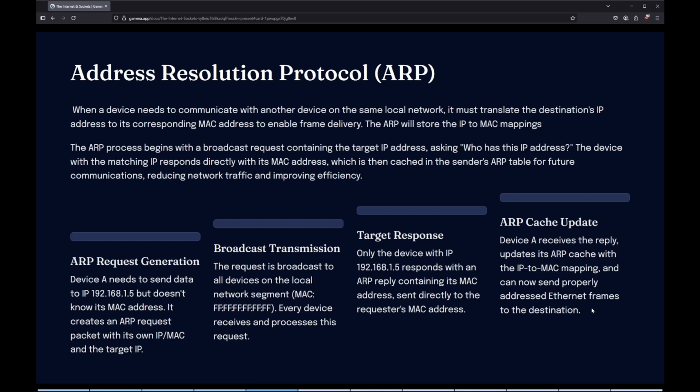So when a device needs to communicate with another device on the local network, it must translate the destination's IP to its corresponding MAC address to enable frame delivery. The ARP will store the IP to MAC address mappings, and the ARP process begins by broadcasting a request containing the target IP. So let's say there's a router and a new device is joining the network.